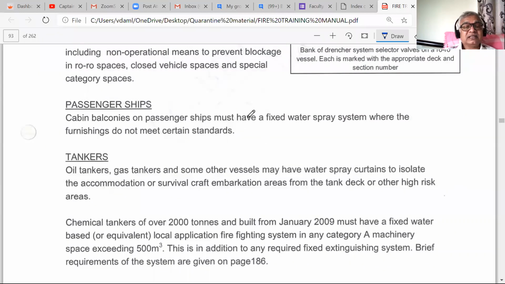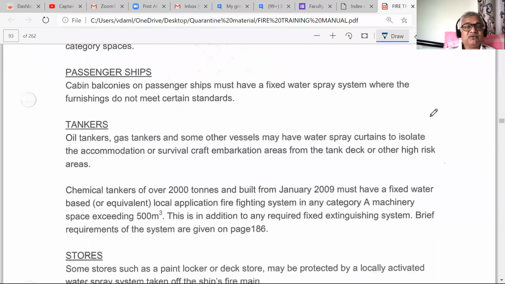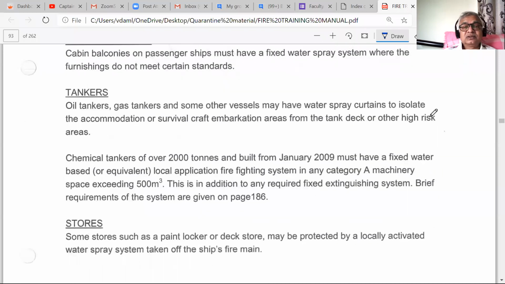Similarly, you have got passenger ships. If you have got balconies, you have to have some sort of sprayer system in case there is a fire. It just gives you a massive shower, or you go under the rain and you become all right. Like you drench yourself so you don't catch fire. Oil tankers may have spray curtains to isolate accommodation.